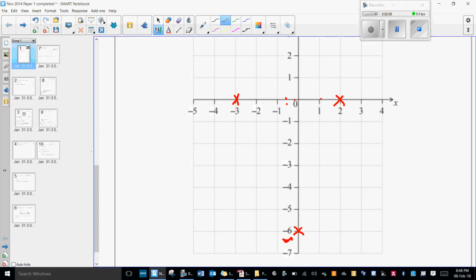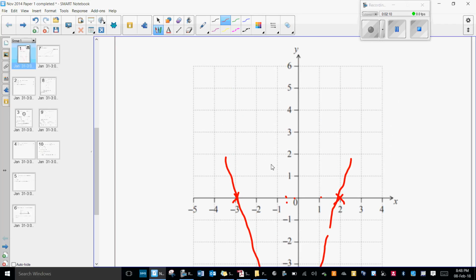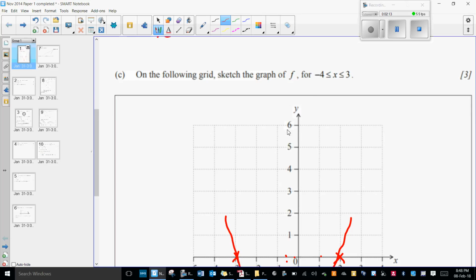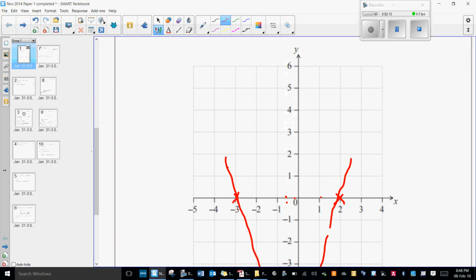And then just join these points up. Oh gosh, that's quite bad, sorry. It does say between negative 4 and 3, so you do need to make sure you keep your graph going between those two values.